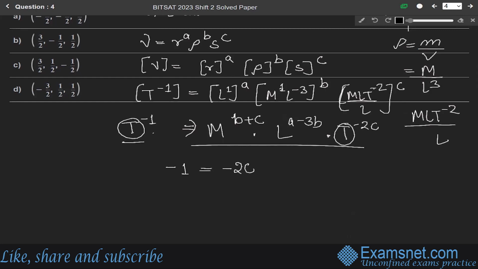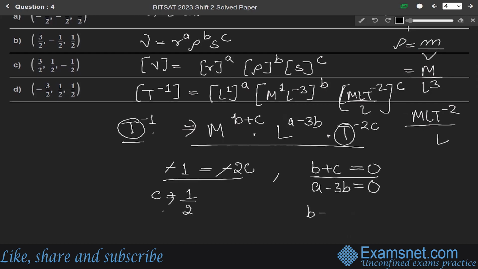There is no M in the LHS, so the power b plus c will be equal to 0, and no L in the LHS, so a minus 3b will also be equal to 0. Solving this, minus minus cancels, so we get c is equal to 1 by 2. Now putting this value of c in this equation, we get b plus 1 by 2 equals 0.